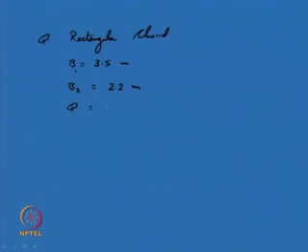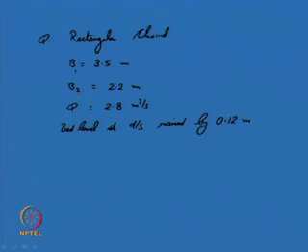The flow is 2.8 meter cube per second. Bed level at section 2, that is at downstream, is raised by 0.12 meter. We are neglecting energy loss.